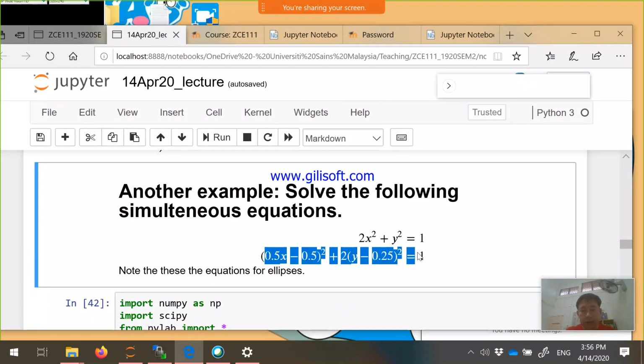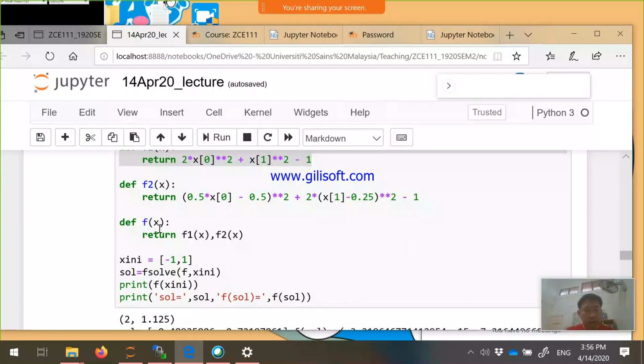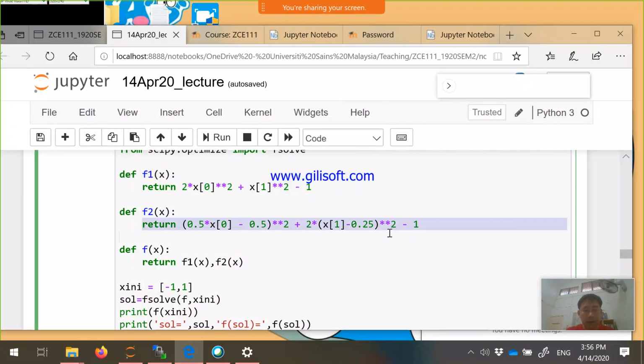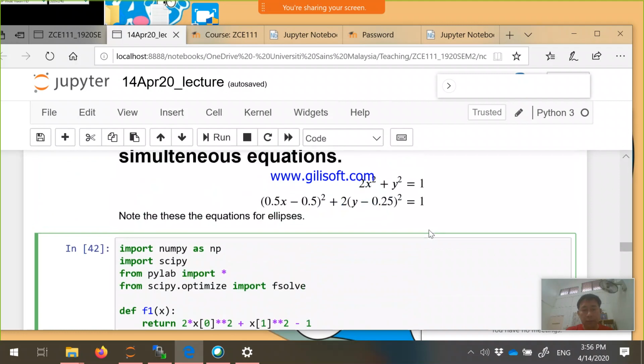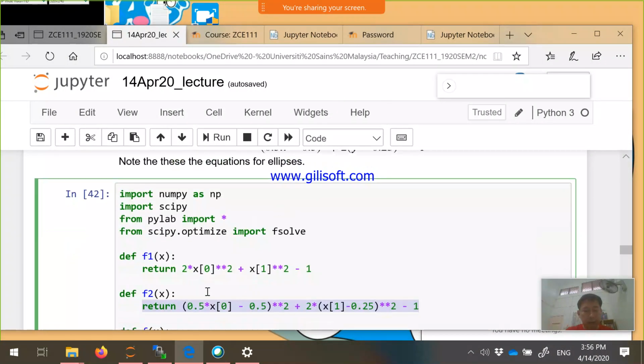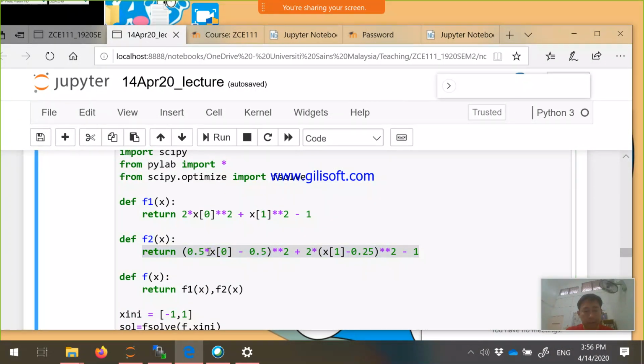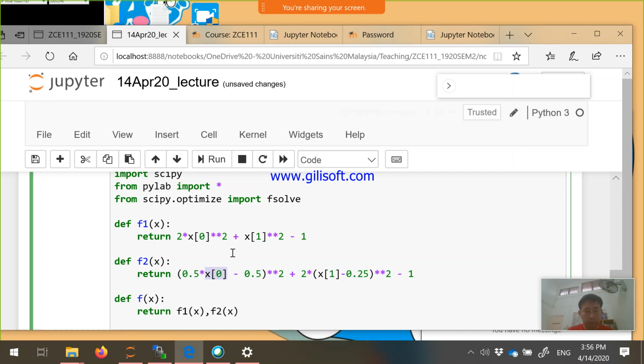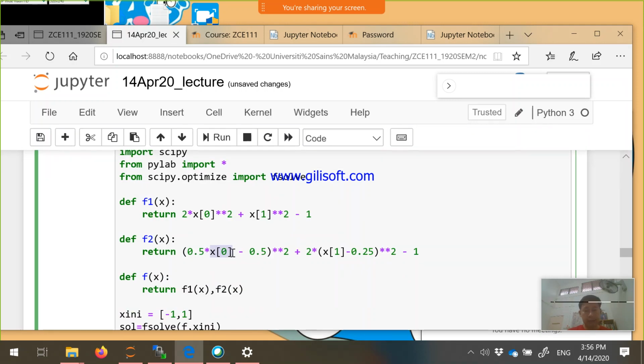Then this is the second equation, f2. f2 would be 0.5 times x0 minus 0.5 squared, plus 2 times x1 minus 0.25 squared, equals minus 1. So this is how I define my f2. The x in the function f2 is the 0 component of x.